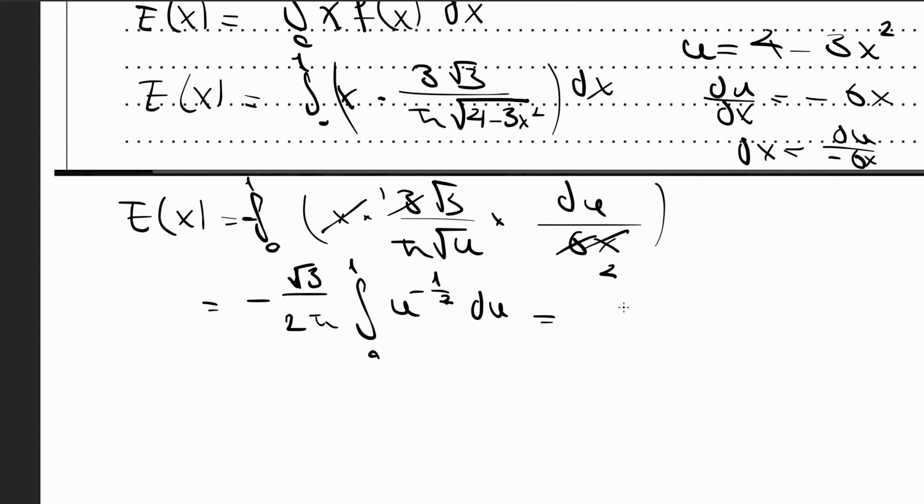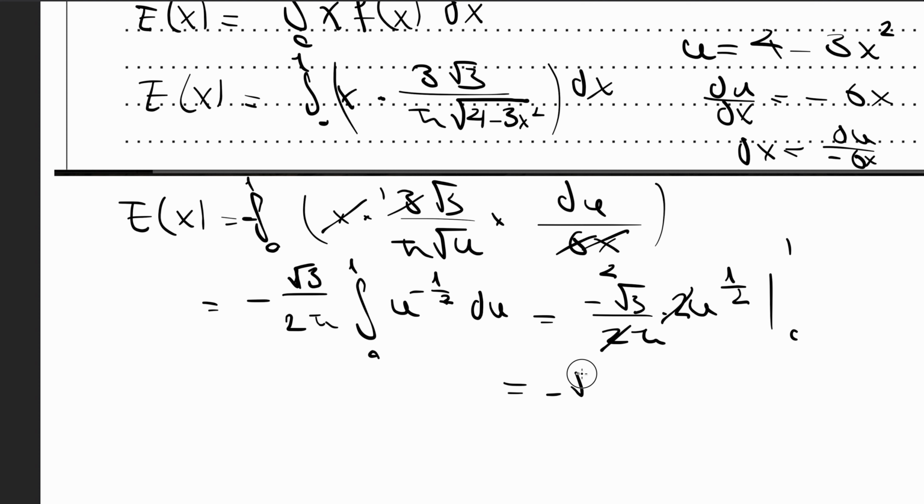So if you solve this, it's going to be u to the power of negative 1 over 2 plus 1, simply 1 over 2, right? So u to the power of 1 over 2, divided by 1 over 2, so again 2, hopefully. And so the 2's cancel out, right? And there's also a boundary of 1 to 0 here.